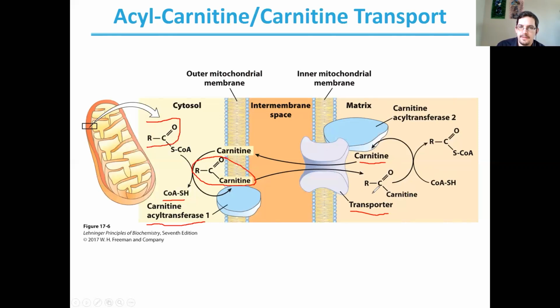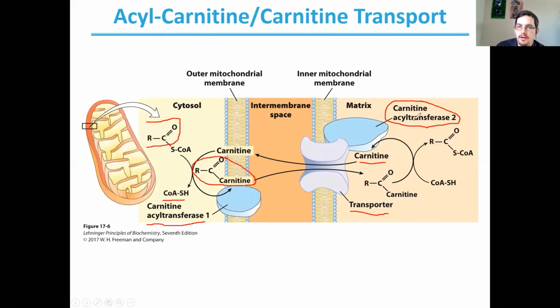So our carnitine is basically following a cycle where it goes into the mitochondria, carrying that fatty acid. It's then going to release that fatty acid using a second carnitine acetyltransferase. And then the free carnitine is going to get transported back out to the cytosol, where it will pick up another unit of fatty acid.